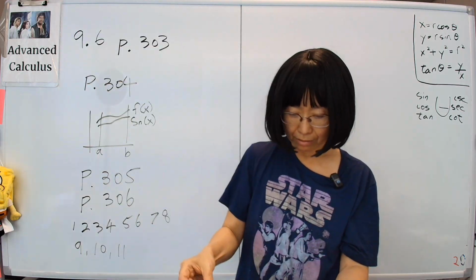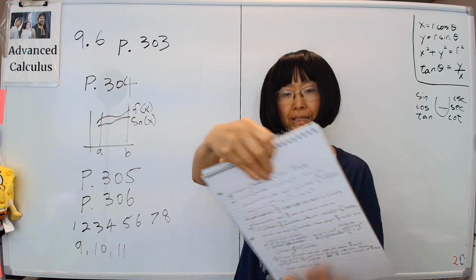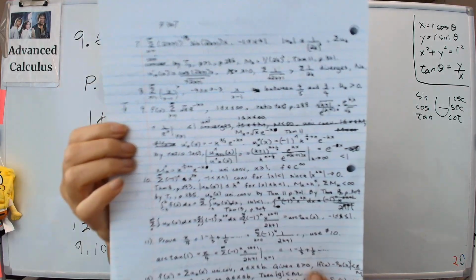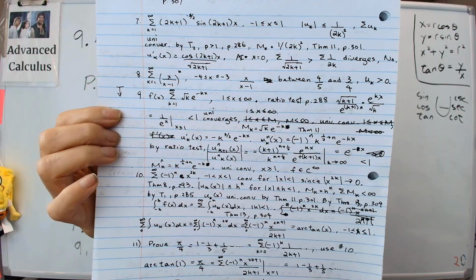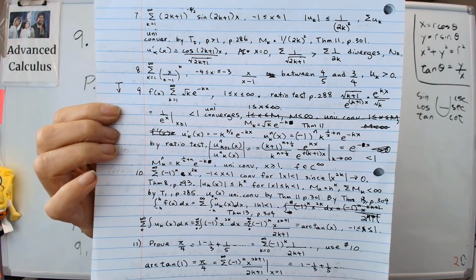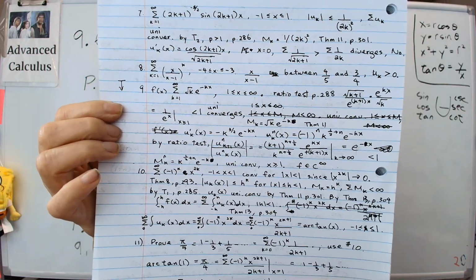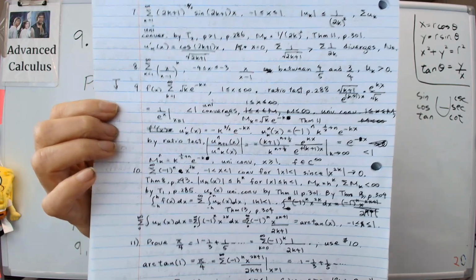Then 6, keep going, and then problems 7 and 8 are here. Most of them are quite short, if not all of them. And so I'm going to start talking about problem 9.